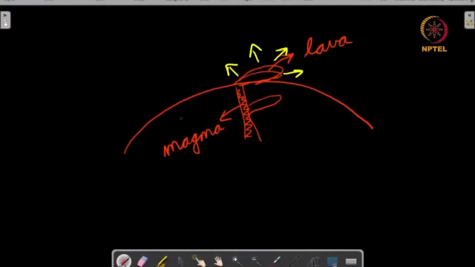Now when there is a quick solidification, then the minerals that get formed do not have a very large amount of time to grow into large size crystals. And so the crystals that get formed are very small in size. Now small size will result in a smoother texture. On the other hand, when the magma gets solidified inside the Earth, because it is surrounded by Earth on all sides, it does not get a medium to transport the heat away faster.